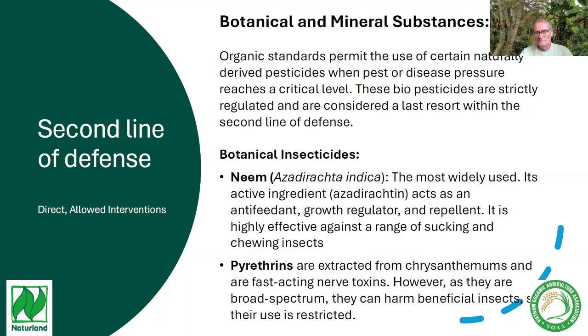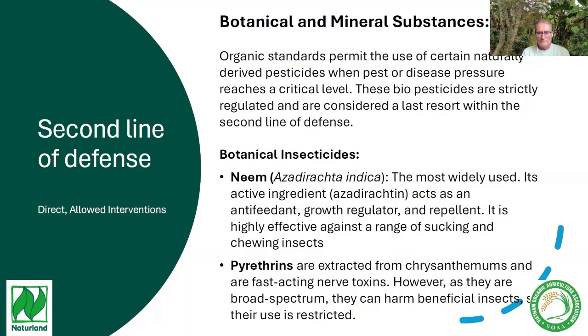And the other botanical insecticide, for example, is pyrethrins extracted from a flower, chrysanthemums. It is a fast-acting nerve toxin, quite a strong substance, and it has a broad spectrum, and therefore it can harm beneficial insects.